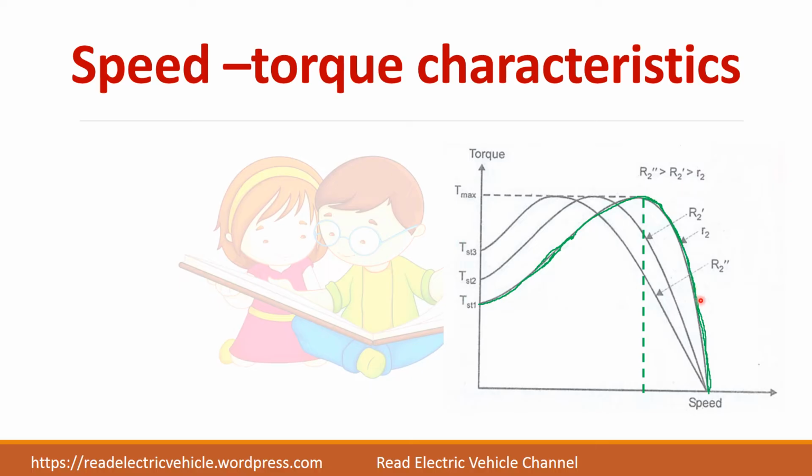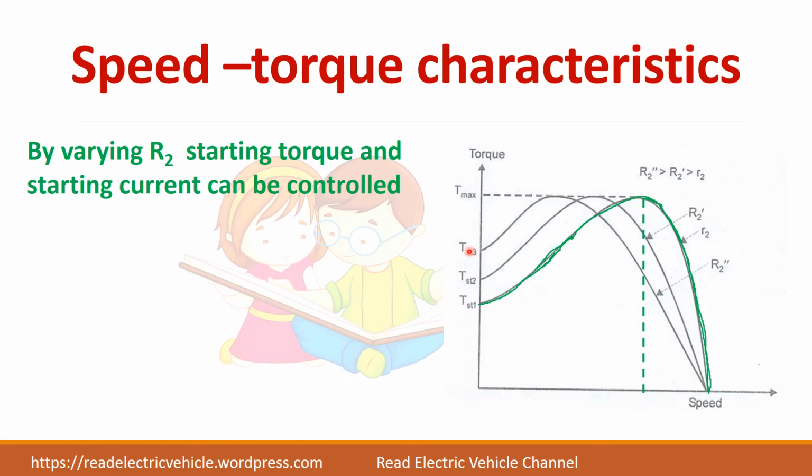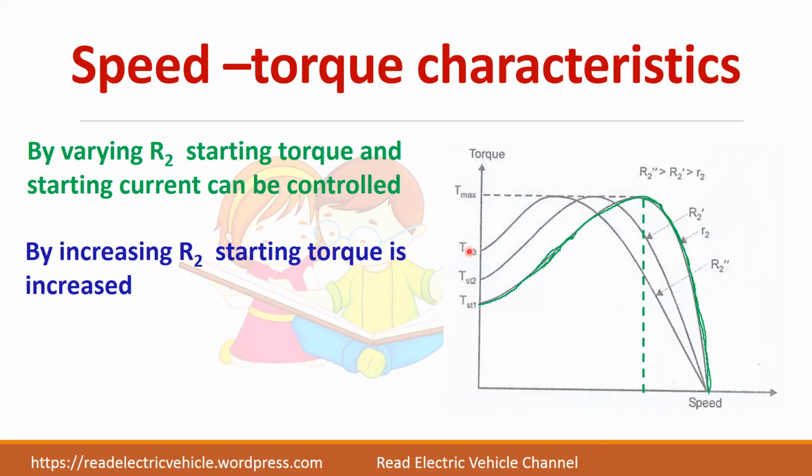So for R2 dash, the starting torque has increased. For R2 double dash, again starting torque has increased. So by controlling the R2, we can do two things. You can change the starting torque as well as starting current will also change.